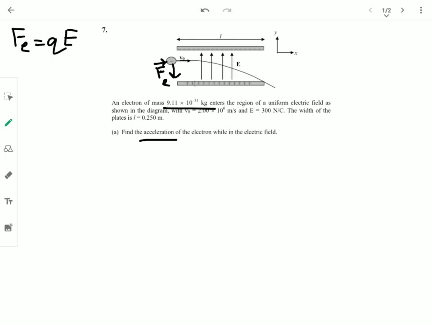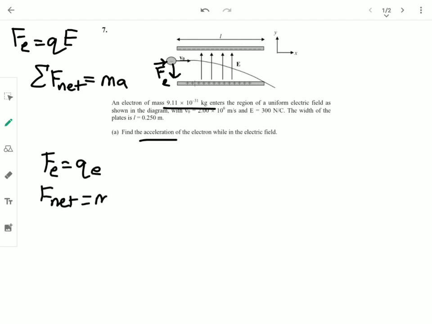Now if anyone remembers Newton's second law, sigma F net equals ma, right? So using these two equations, Fe equals QE and F net equals ma, we have to equate these two because the electric force is the net force, which gives us QE equals ma.